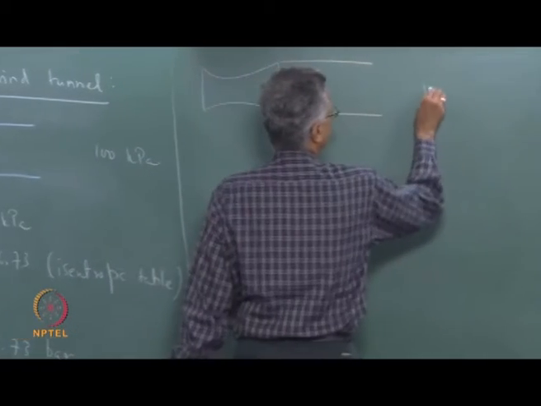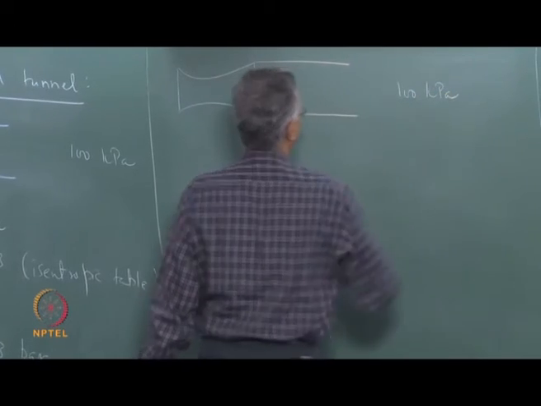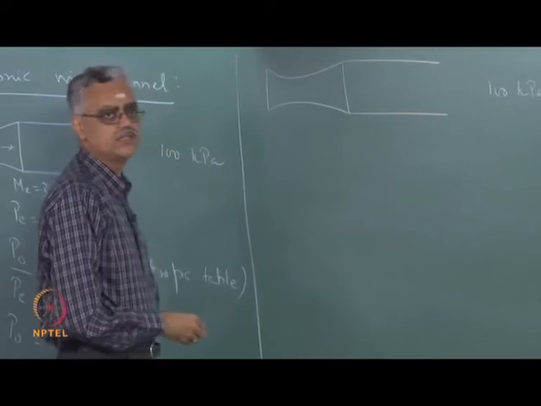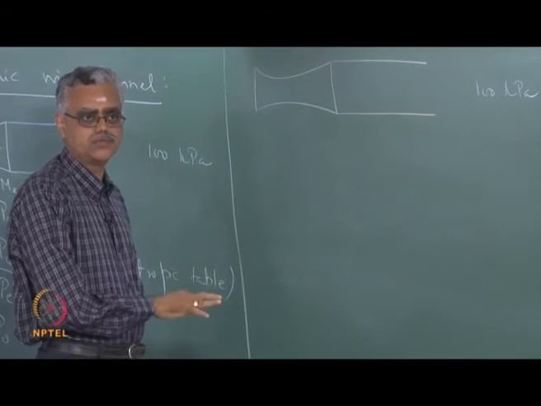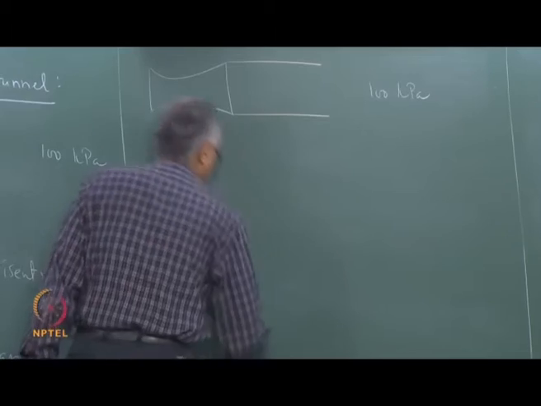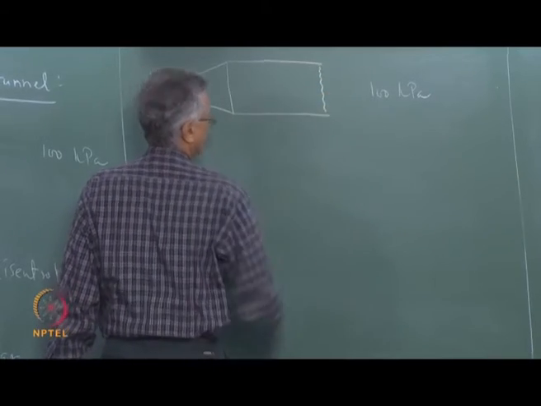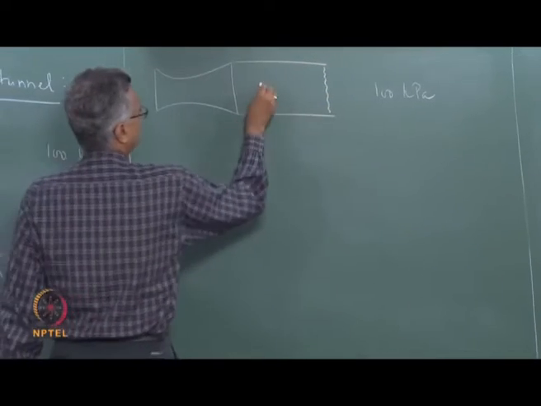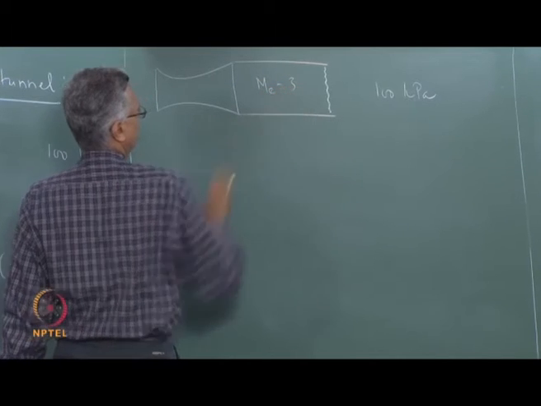Okay, so this is ambient at 100 kPa, then we allow it to exhaust like this, and we design things so that there is a normal shock which stands here. So this is a normal shock. So the test section Mach number is ME equal to 3.